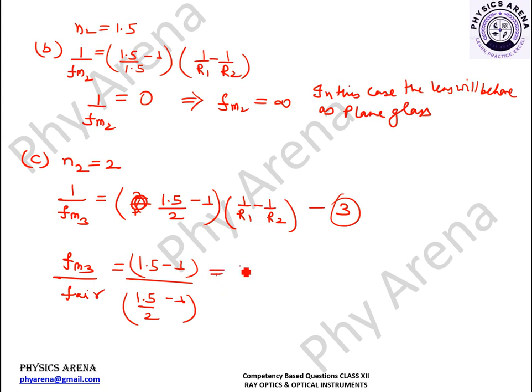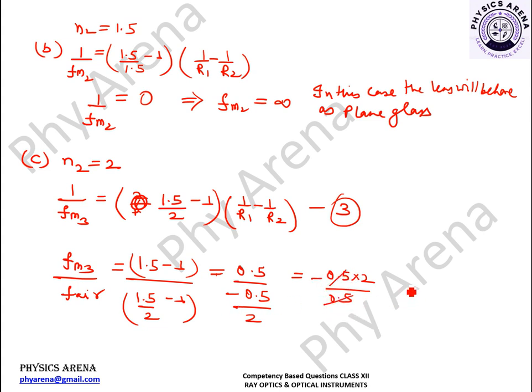This becomes equal to 0.5 divided by minus 0.5 divided by 2. So this will be equal to 0.5 times 2 divided by 0.5 with a minus sign.